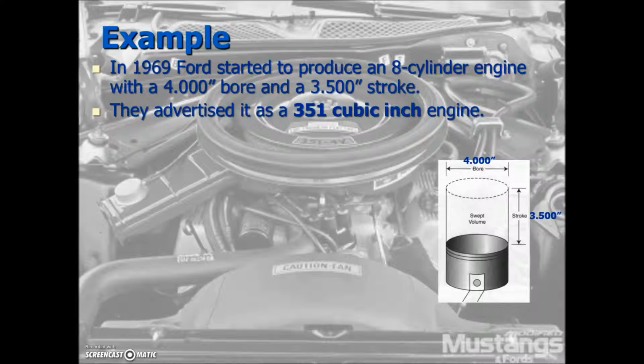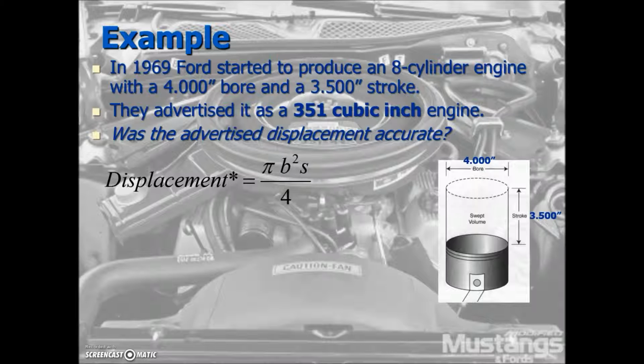They're telling us that this was a 351 cubic inch engine. The volume of one cylinder is found by taking pi times the bore or diameter of the cylinder squared times the height, the stroke length, divided by 4.